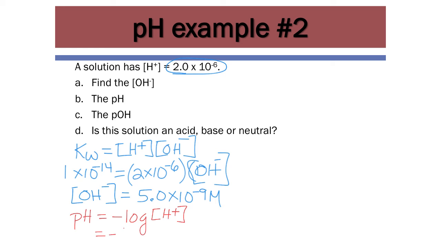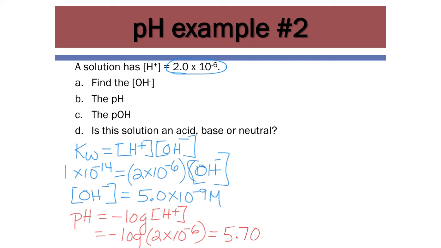So I will do negative log of 2 times 10 to the negative 6. I will put that into my calculator, and I get 5.698. I only want two significant figures, so that's going to be 5.70 for my pH.